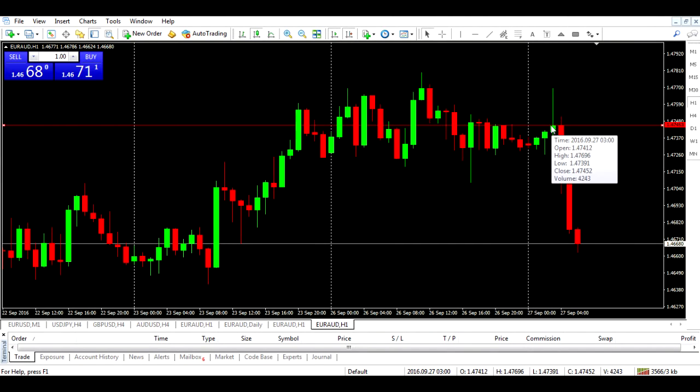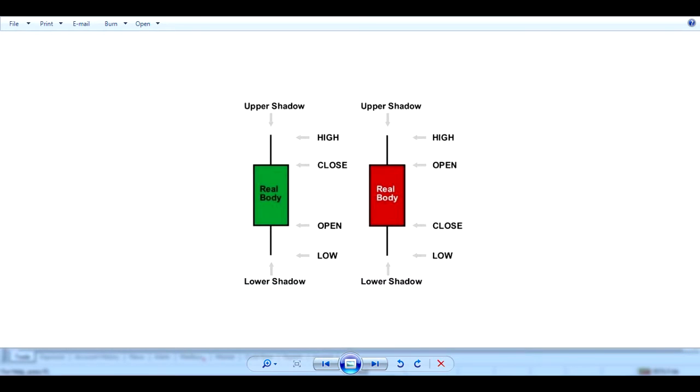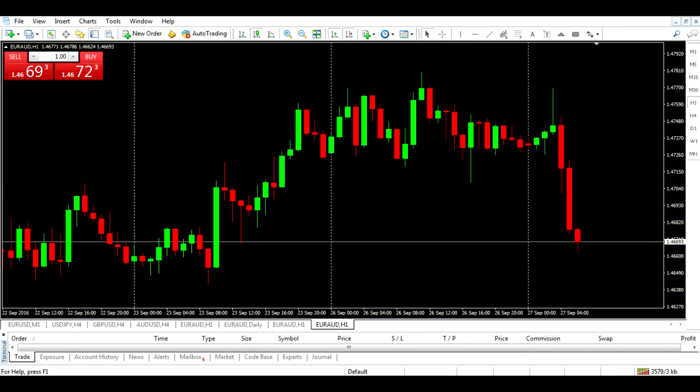When it closed here, this is the opening for the next candle, and then it closed here, and this is the opening of this candle. So I think you get the idea. That's why in the definition, this goes up and closes upward, this goes down and closes downward. So that is the basic idea behind these candles.